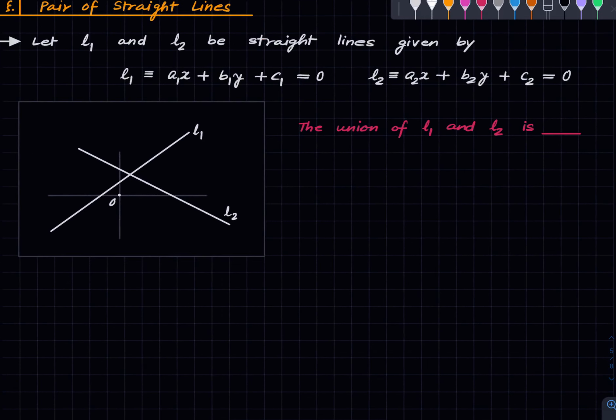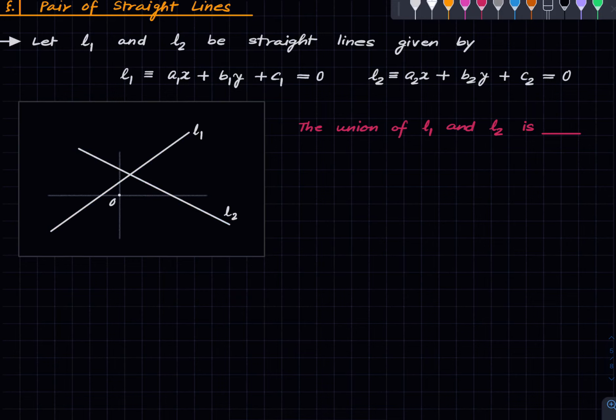so now we can go to pairs of straight lines. Suppose we have two straight lines, L1 and L2 in the plane, given by these two equations. Then is there some algebraic expression that we can write down to express this union? So this cross thing is a subset of the plane. Can we nail it down using an algebraic expression?